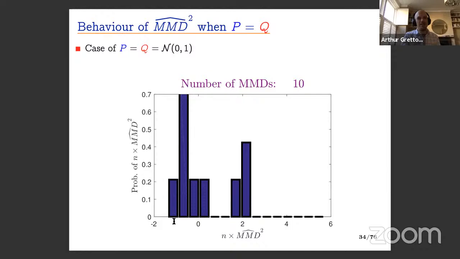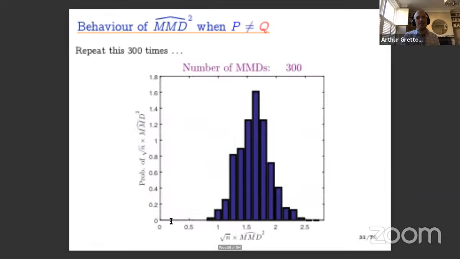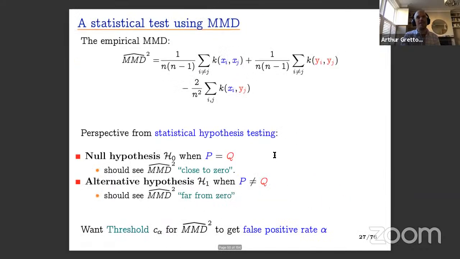One thing you'll notice is that I'm seeing MMDs that are less than 0. Should this surprise you? Well, hopefully not. The reason is, let's go back to our statistic. We've got the average P to P similarity plus average Q to Q similarity minus average P to Q similarity. But I'm computing this from samples.